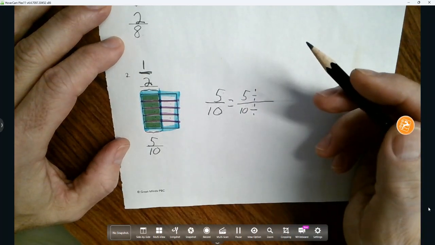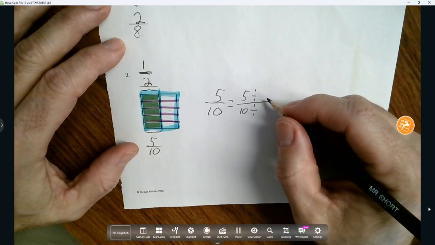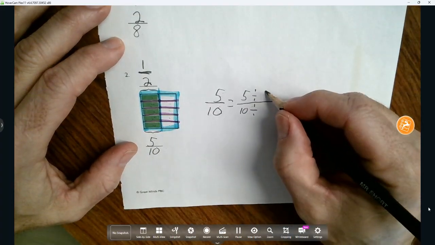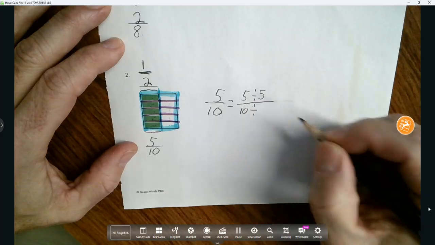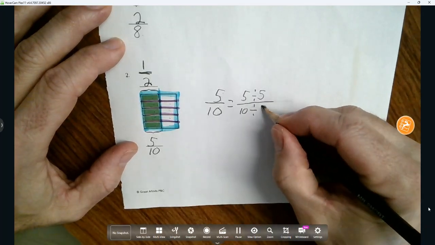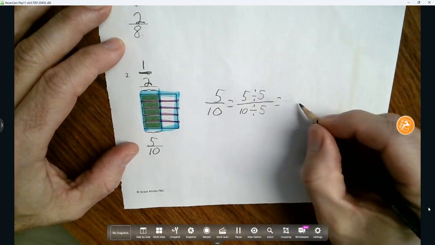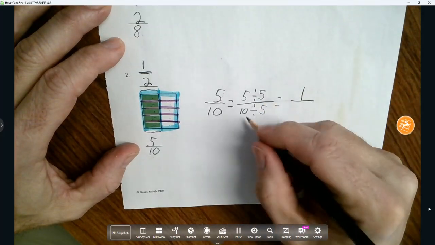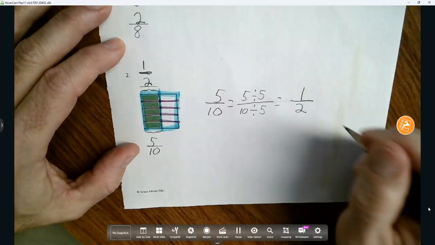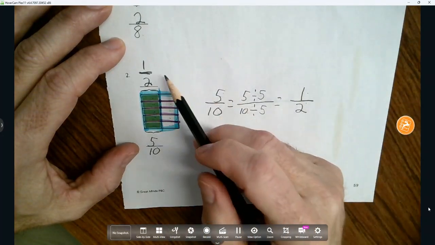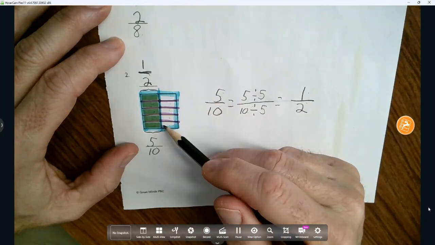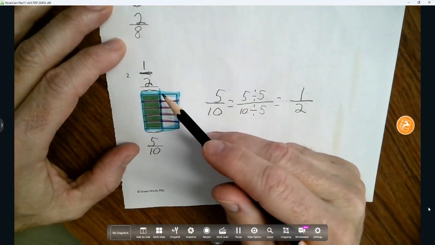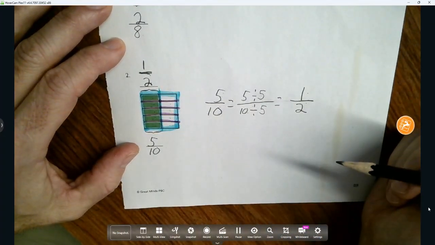It can. So if 5 can go into 10, nice, neat, and even, we divide 5 by 5, and we divide 10 by 5. So that's going to equal 5 divided by 5 is 1. 10 divided by 5 is 2. So there's our 1/2 that we got here when we just split the whole thing right off the bat. Took one big whole and cut it in half.